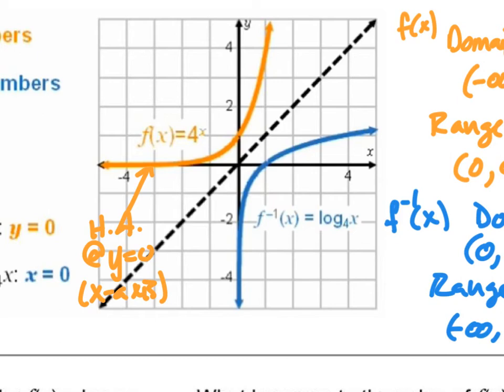And then on your log function, you have a vertical asymptote at the line x equals 0, which is also your y-axis. Everything just switches. It just gets reversed. And that's the fundamental thing: if you have an exponential function, you can figure out its inverse.